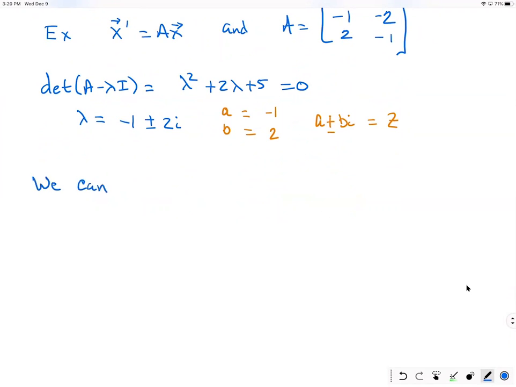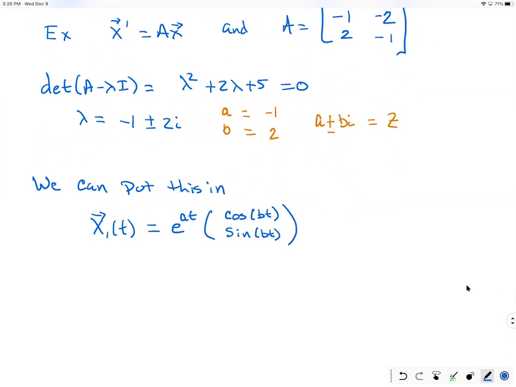So we can put this in: x1 of t equals e to the at times cosine bt, sine of bt, and then x2 of t equals e to the at times minus sine bt, and then cosine bt.